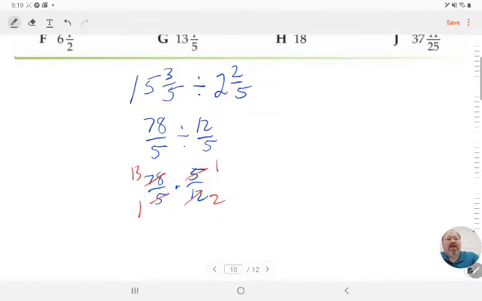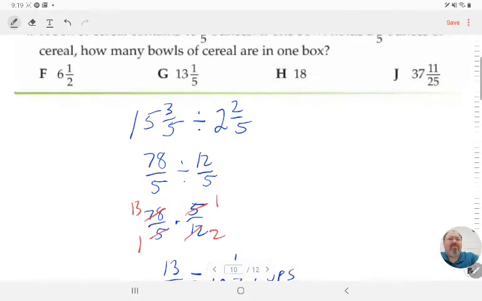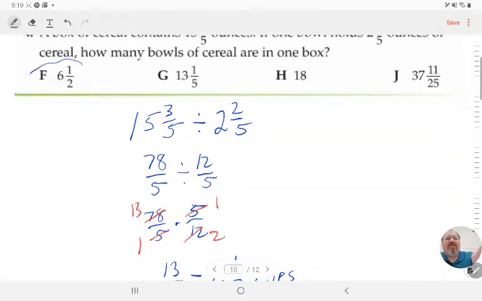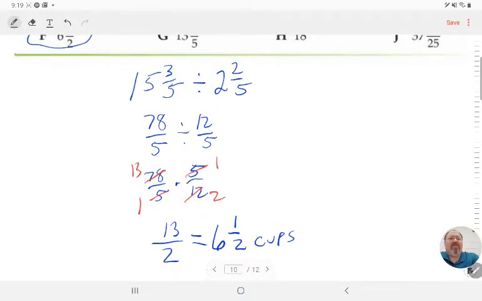So then we would have 13 times 1 is 13. 1 times 2 is 2, so 13 over 2. 2 goes into 13 6 times with 1 left over. So 6.5 cups. If I look over here, that would be F. All right, very good.